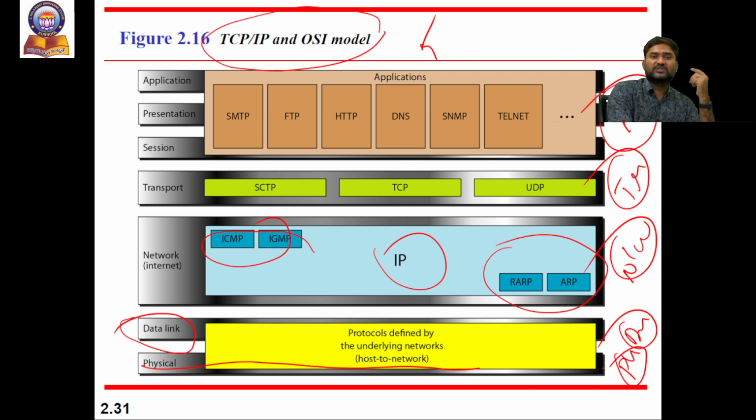And coming to the transport layer, there are 3 protocols here. One is TCP, one is UDP, and one is SCTP. These are very important protocols. TCP stands for Transmission Control Protocol, UDP stands for User Datagram Protocol, and SCTP stands for Stream Control Transmission Protocol.